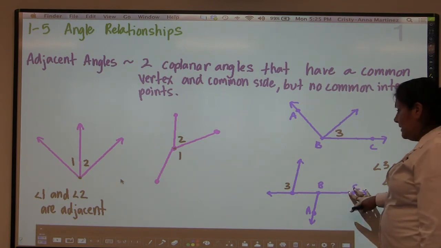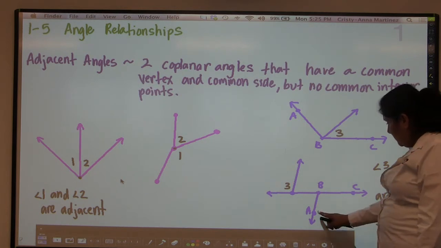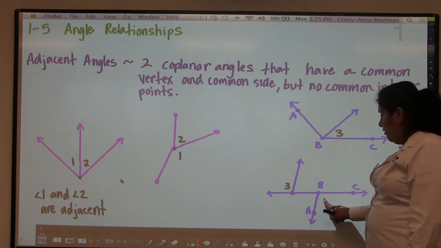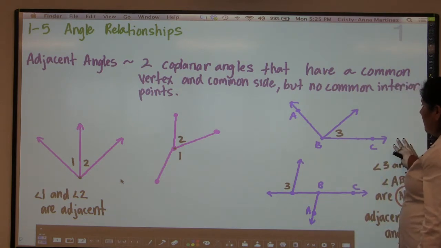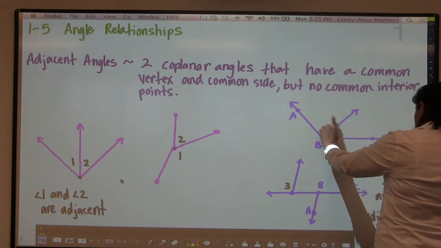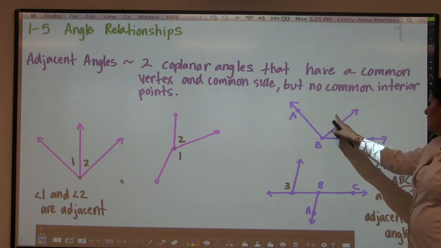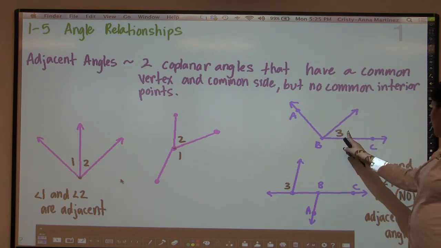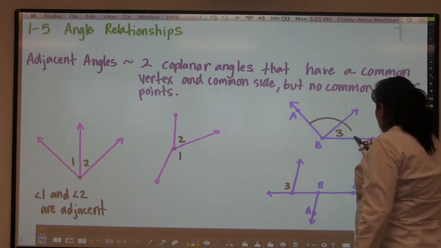This one doesn't work because angle 3, which is this angle here, and angle ABC, which is this angle here, do not have a common vertex, and that's why it fails. This guy, you might be thinking these two angles are in fact adjacent, but when you read the writing over here, we're not talking about these two angles. We're talking about angle 3 and angle ABC, which is the bigger angle there.